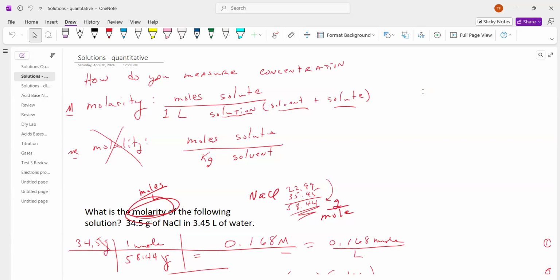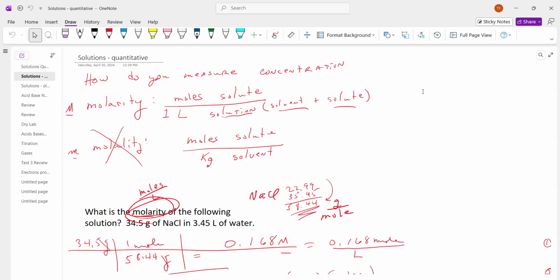And here we're only using the top one. It's molarity and molality. They're very close sounding, but they're different. One is moles of solute per liter of solution, and the solution includes solvent plus solute. Molality is moles solute again, and kilograms of solvent.